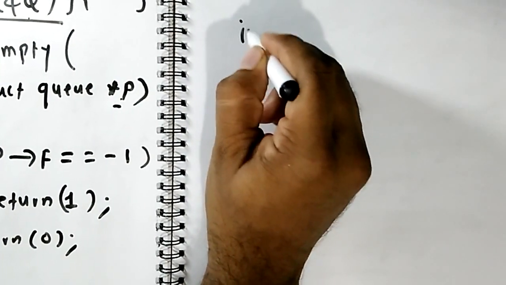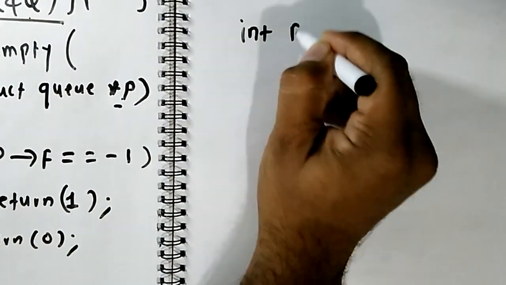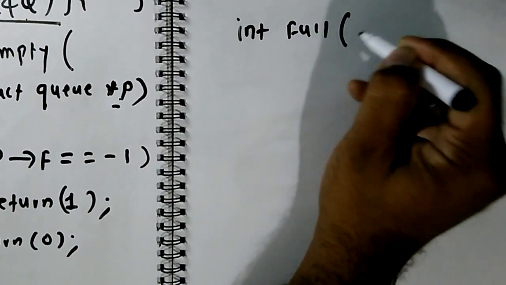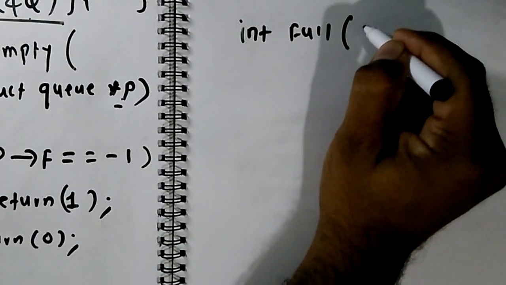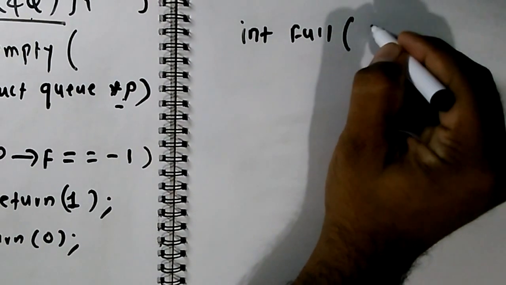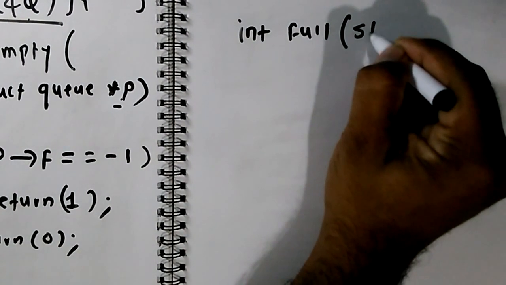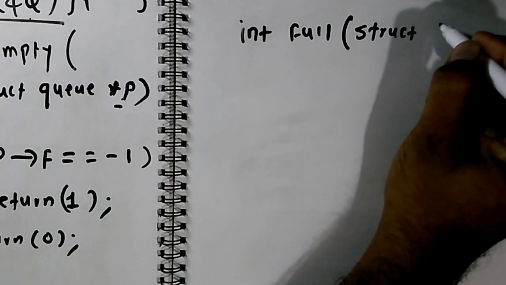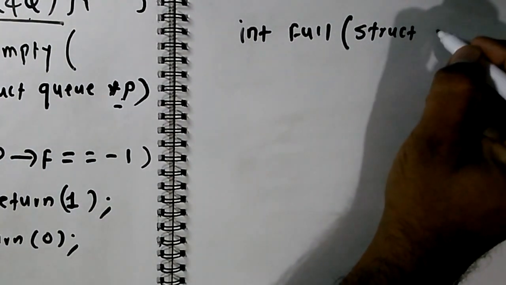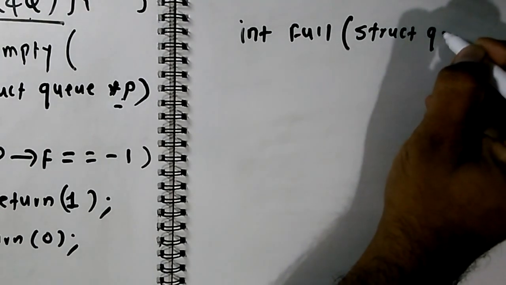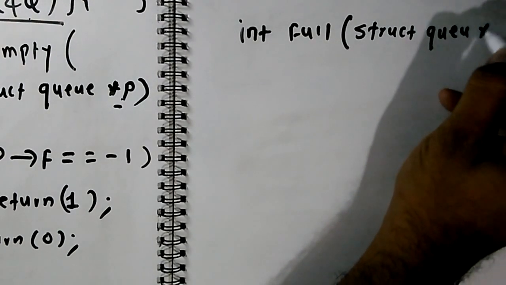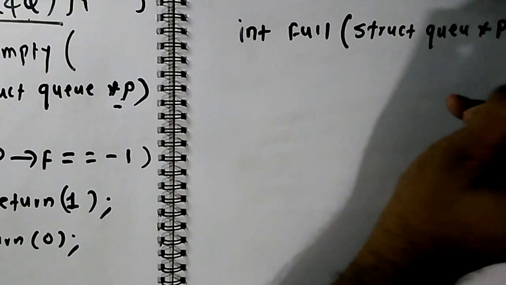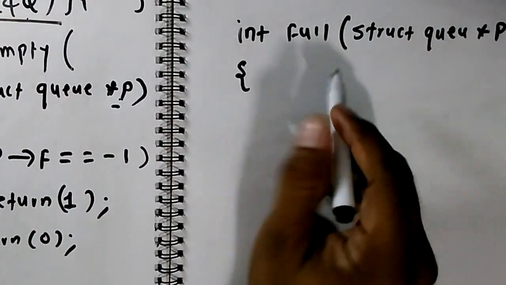So the return type of the full function is int full. To this full function, again I'll pass the address of the queue which I want to check. So the type of the queue is struct queue, so I need a struct queue type pointer, star p.